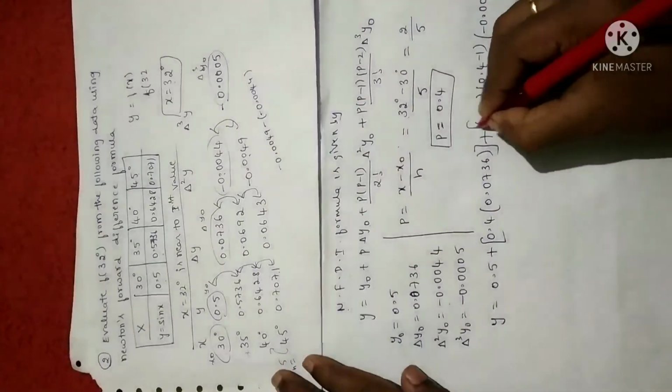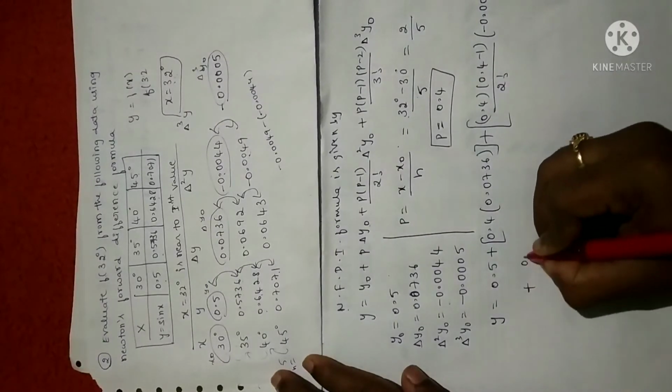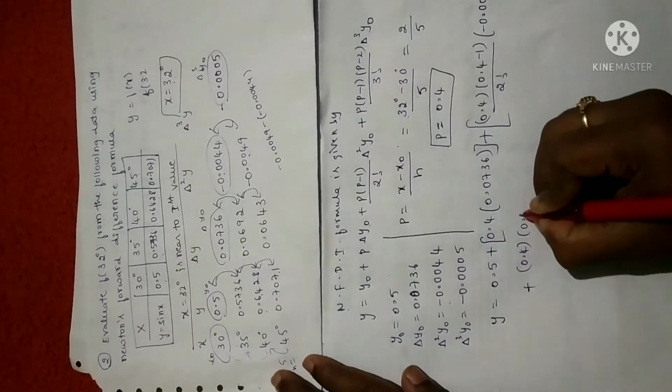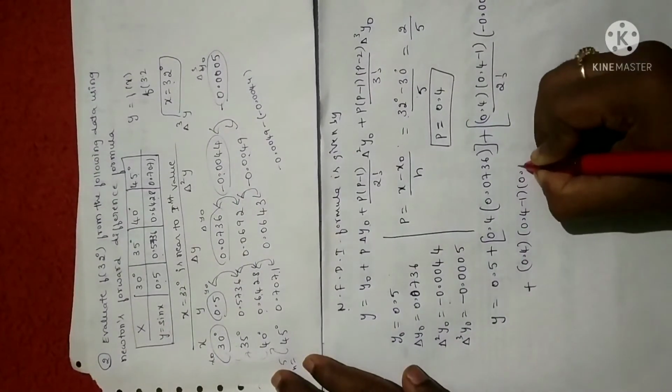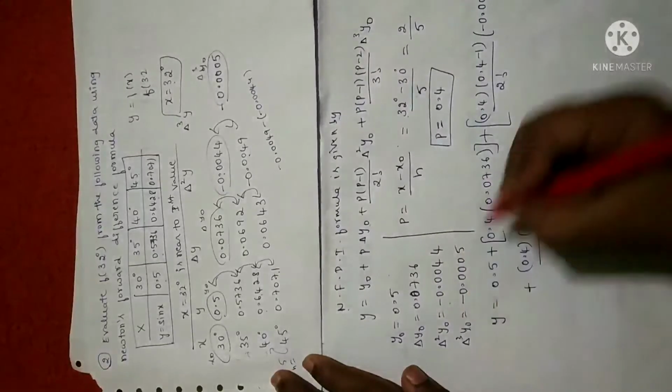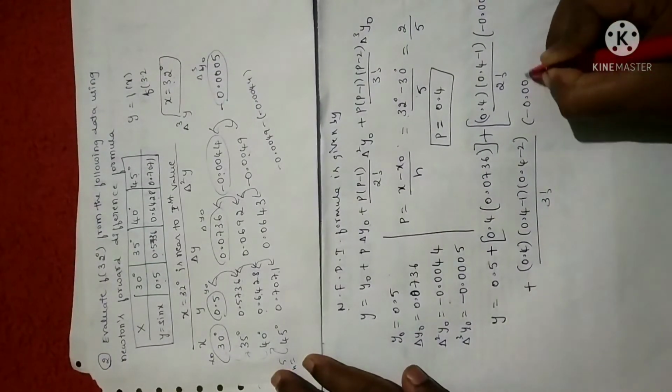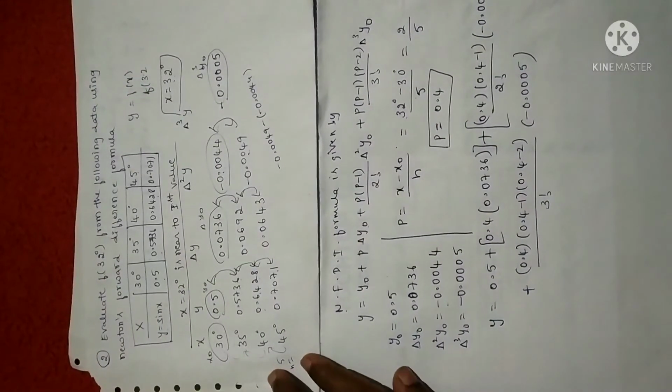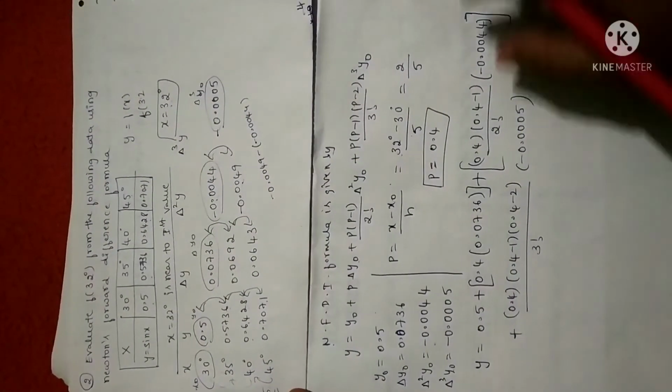So this is the third term. Plus fourth term: p into p minus 1, p minus 2 divided by 3 factorial, that is 0.4 into 0.4 minus 1, 0.4 minus 2, into delta cube y naught, minus 0.0005. Fine.